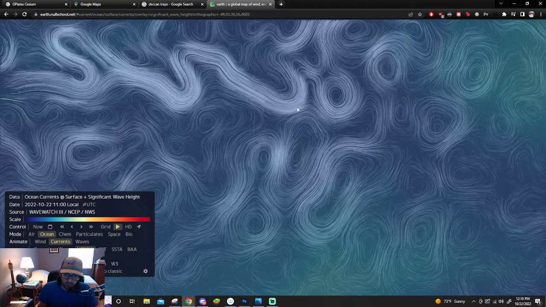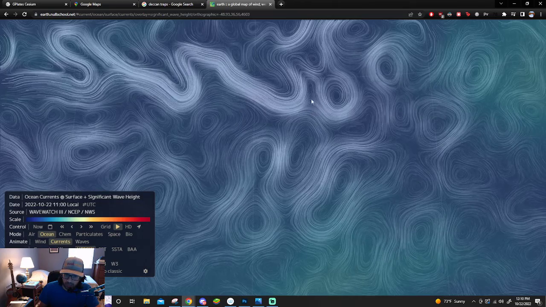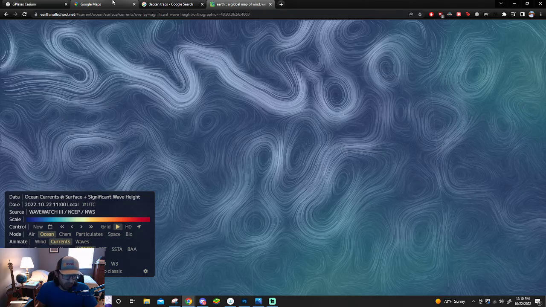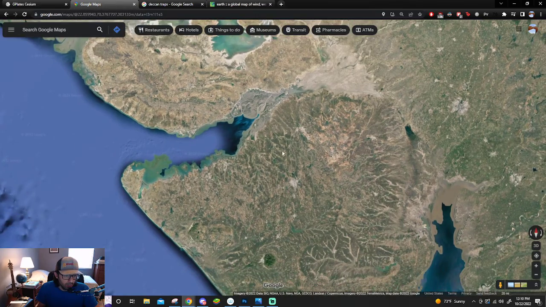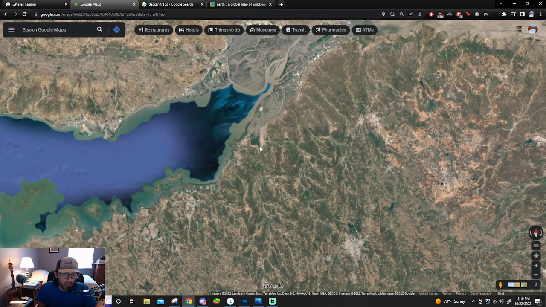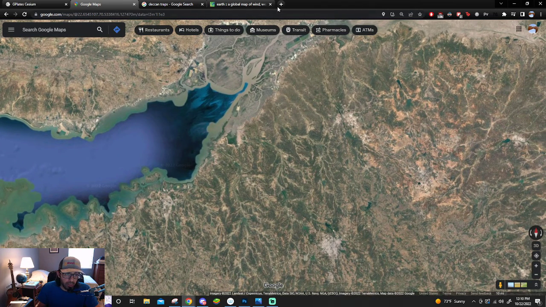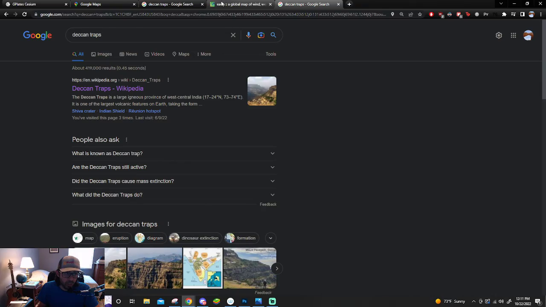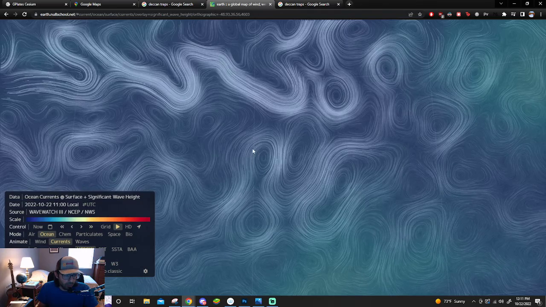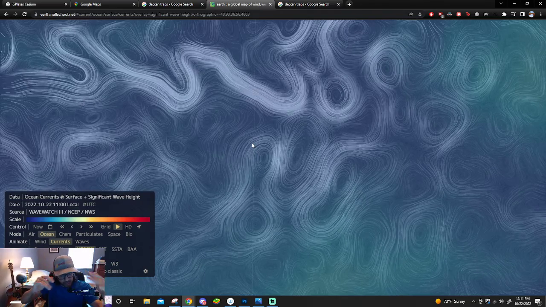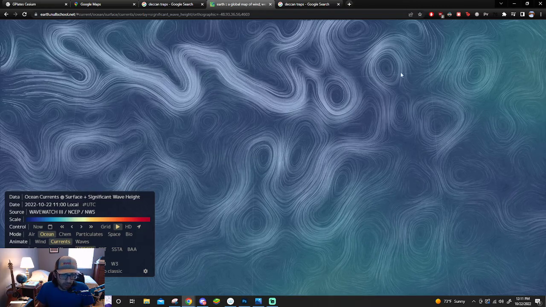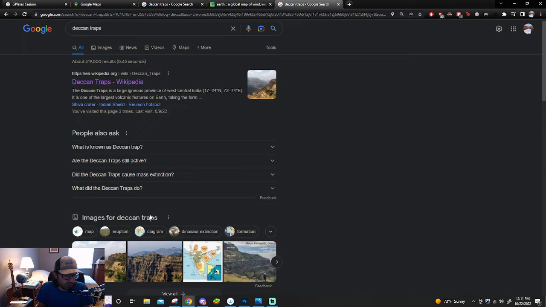The structures of the Deccan Traps are being caused by these currents of ether flowing along them, structured in ways where, if I pull up actual images of the Deccan Traps, they look like current flows. If you could picture this in three dimensions, with different layers, it's just current flows, all of this. And then Deccan Traps.